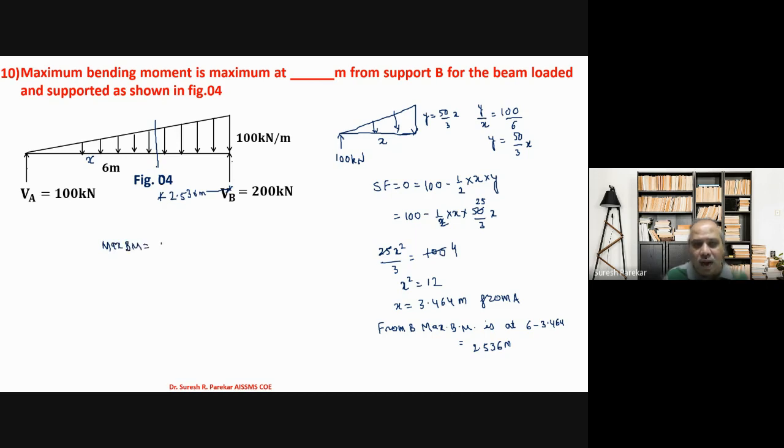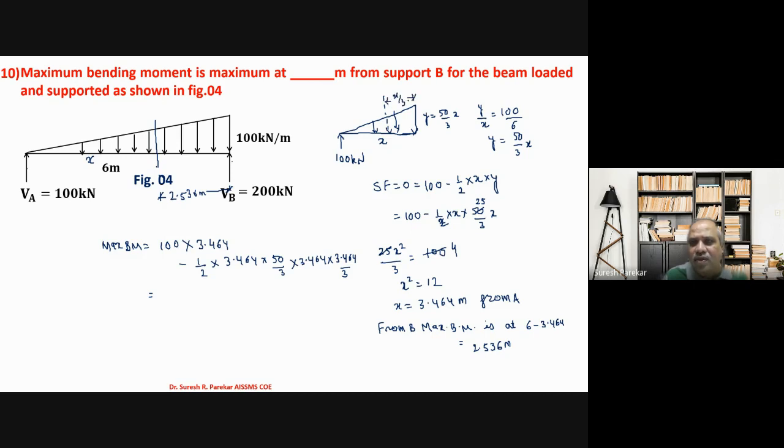And if you have to find maximum bending moment, then maximum bending moment is equal to 100 into 3.464 minus 1 half into, now x is 3.464 into y, we have 50 by 3 into 3.464, and one third of this, 3.464 by 3, because it will act at the centroid, which will be x by 3.